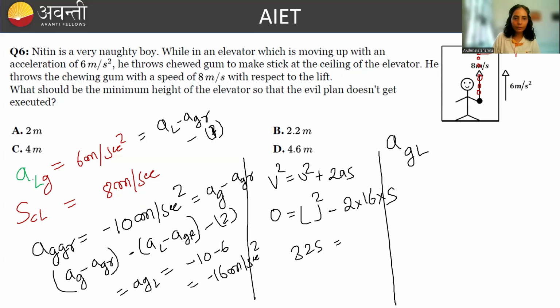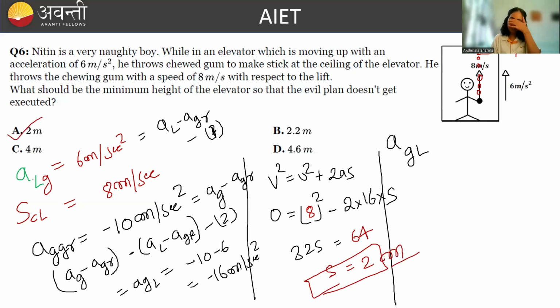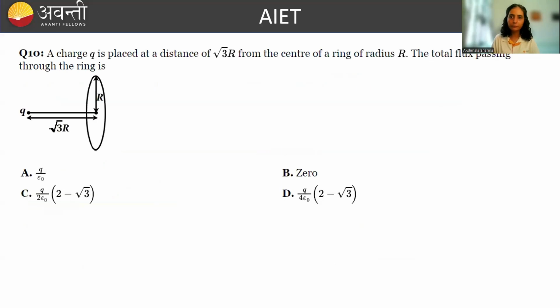Sorry. So you write 8 here, and that will become how much? 64. So S equal to how much? 2. So correct answer will be 2 meter. This is your correct answer. Write the equation properly, see with respect to what you are writing. That is very important in this question.